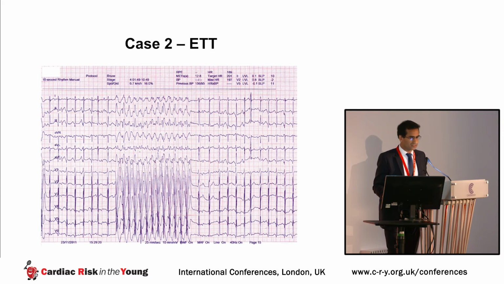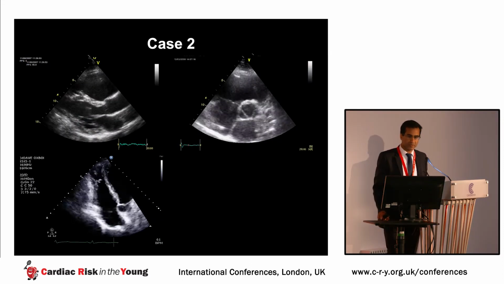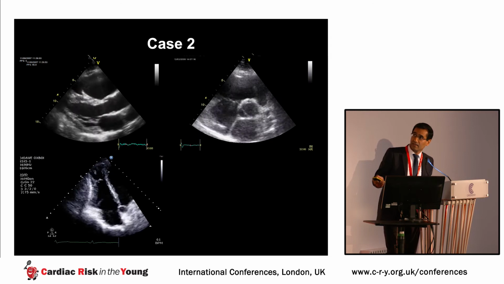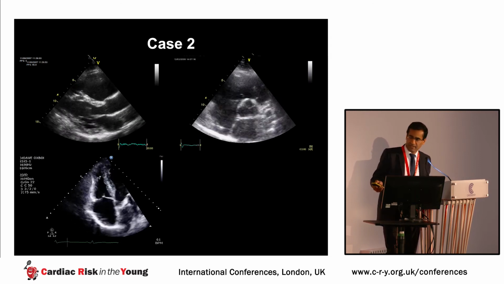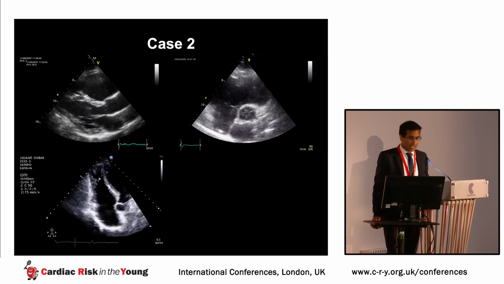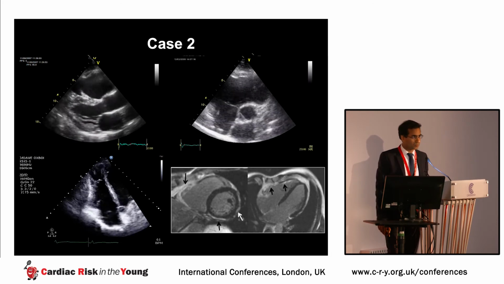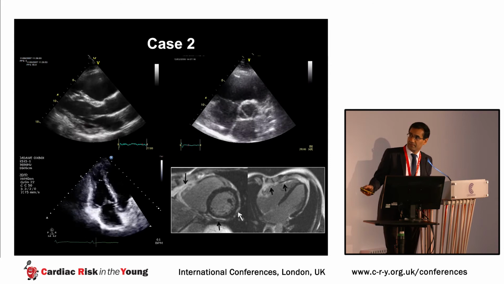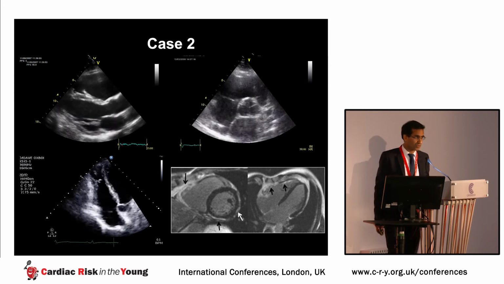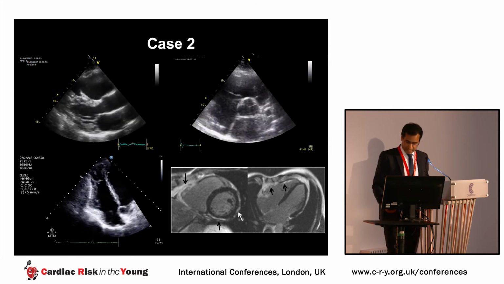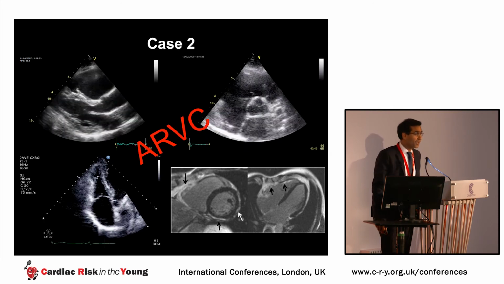And prior to the exercise test, when we performed echocardiography, we noted that he had a dilated right ventricular outflow tract, as well as possibly the hint of maybe an aneurysm in the right ventricle. And furthermore, cardiac MRI scanning revealed late gadolinium enhancement in the right ventricle, as well as involving parts of the left ventricle in a characteristic pattern. And this was highly suggestive of arrhythmogenic right ventricular cardiomyopathy with left ventricular involvement.